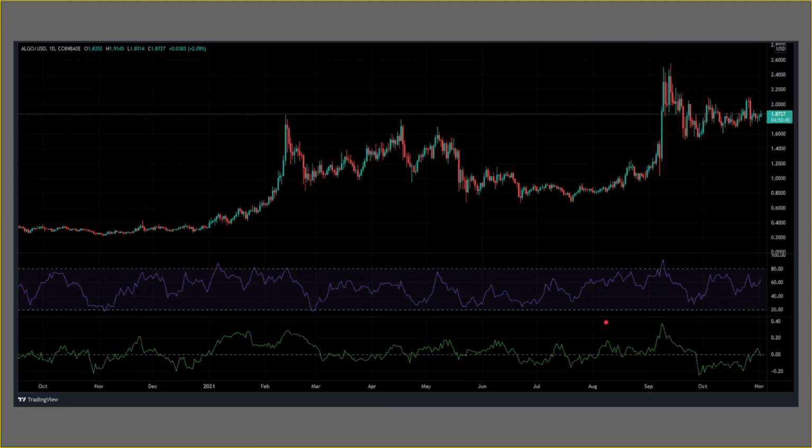Here's another example. This is Algorand on the daily chart. This was a particularly explosive breakout in September by Algorand, reaching a new all-time high. What's interesting here, we'll start off with the Chaikin this time with our bottom indicator.